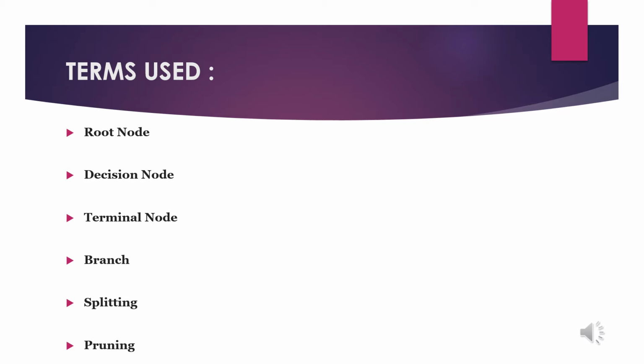The second term that we need to understand is the decision node, the subnode which diverges into further possibilities and can be denoted as a decision node. The third term that we need to understand here is the terminal node. That means it indicates the final node, showing the outcome which cannot be categorized any further, which can be treated as the last value or the terminal value, through which the organization understands whether to take the right kind of decision.